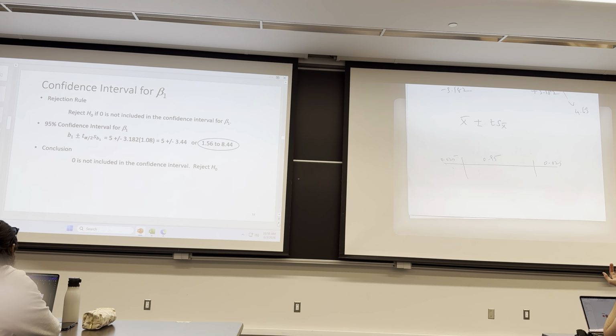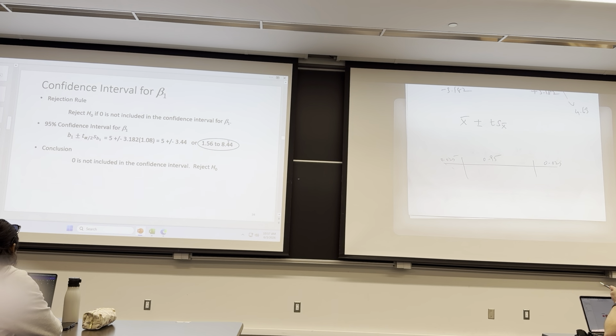Very simple. Is there any 0 in between over here? If based on hypothesis testing your conclusion is that the population slope might be 0, then your interval should include 0. So maybe it might be minus 1.56 to 8.44. There is 0 in between.